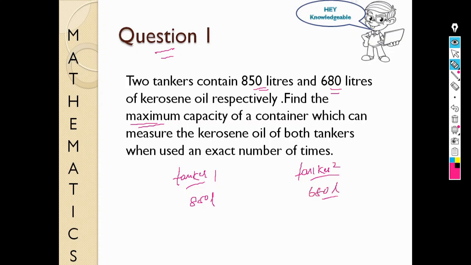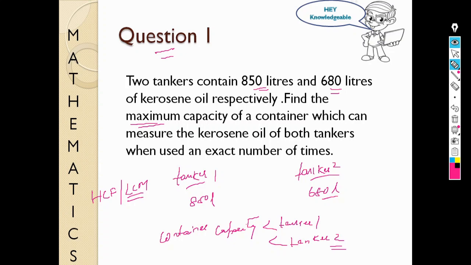Now we'll have to find a container which can measure both of these tankers. So if you see, the capacity of that container would be less than these two tankers. That is one thing that needs to be noted. So first we have to find whether this is an HCF question or an LCM question. As we observe, the container capacity would be less than tanker 1 capacity and also less than tanker 2 capacity.